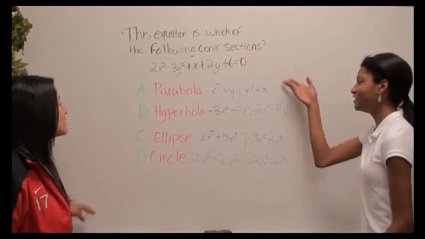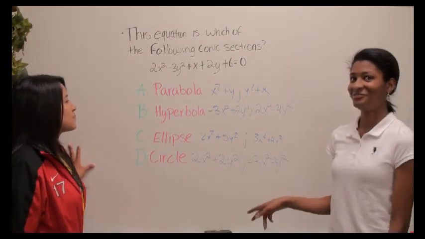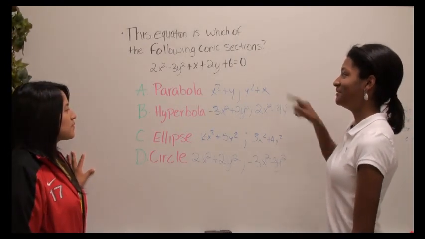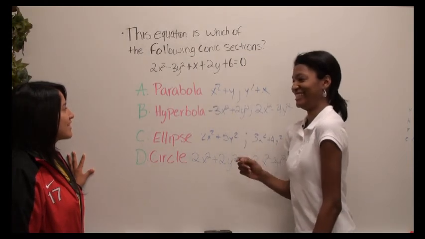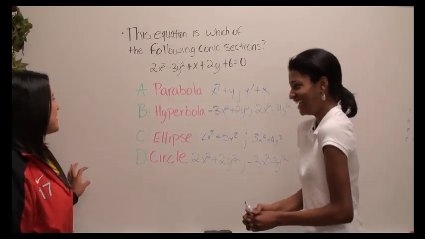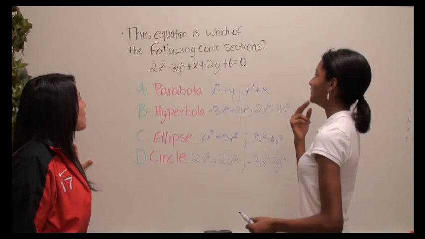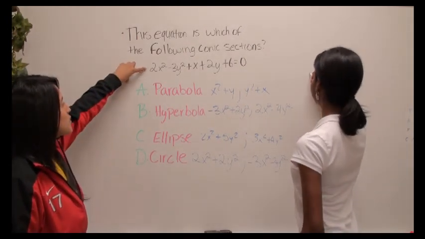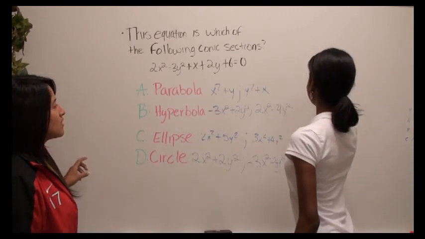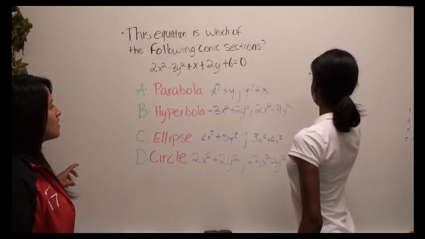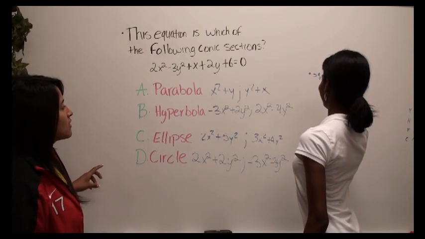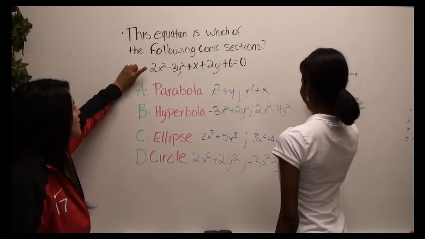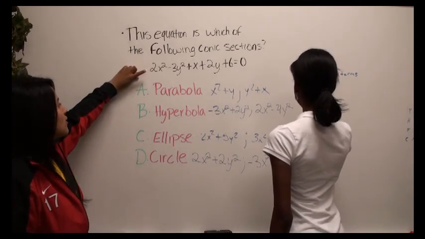Alright, so let's look at these properties and see which one matches up with the equation. Let's go with the parabola. Well, actually, let's just go to the equation. So, what are some of the properties of this equation, Anna? So, as we can see, they both have squared terms. Okay, and they have different coefficients in front of each term.